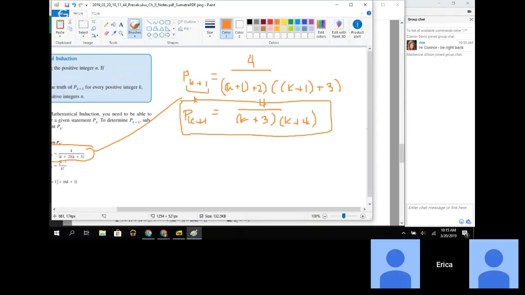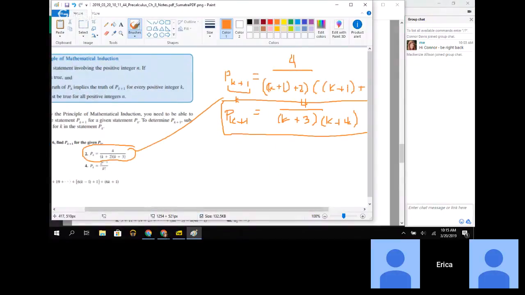Okay? So then number 4, a little bit trickier, but not too bad. Number 4 is that p sub k equals 2 to the k minus 1 power over k factorial.